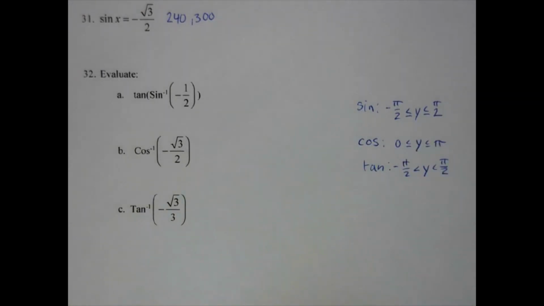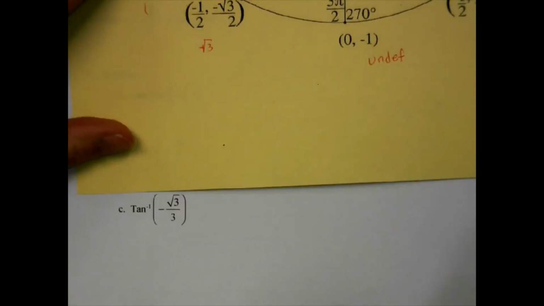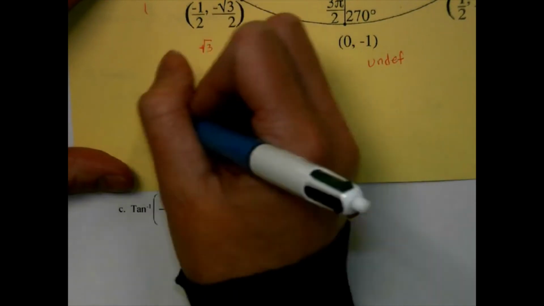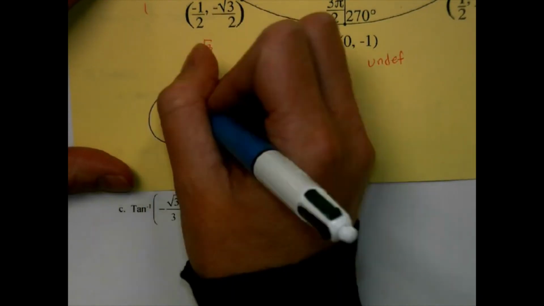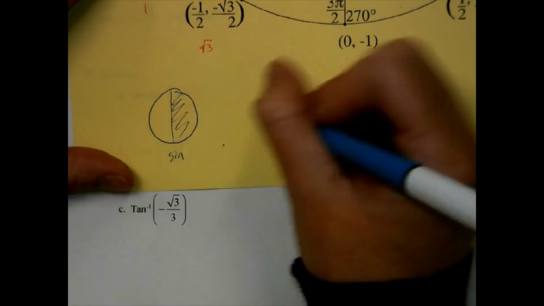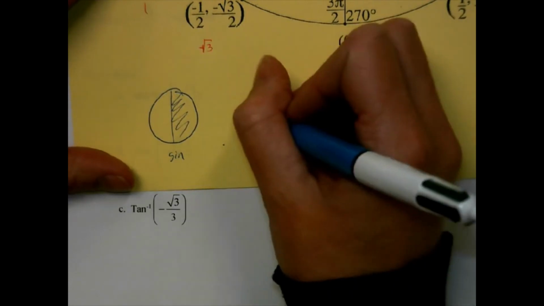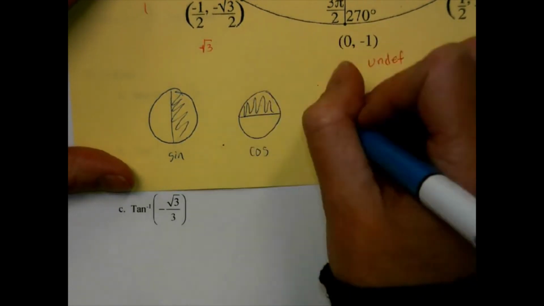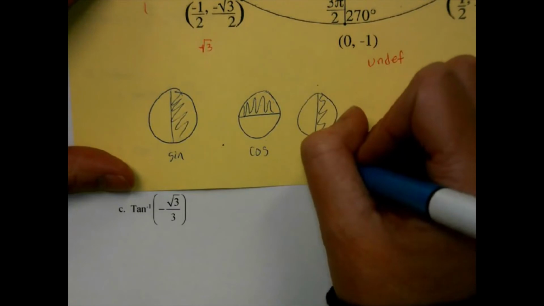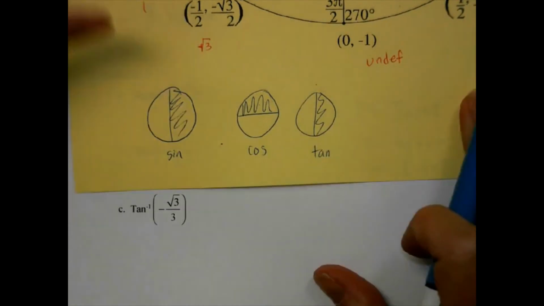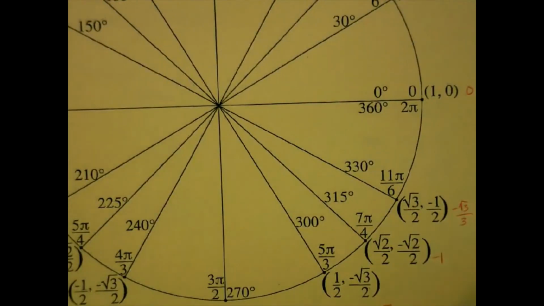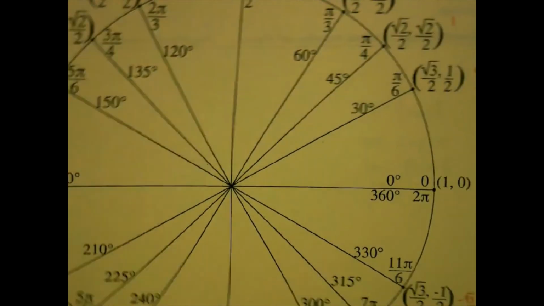So on your unit circle, you might do something like this for sine, cosine, tangent. But remember that when we did this, we changed some of this.